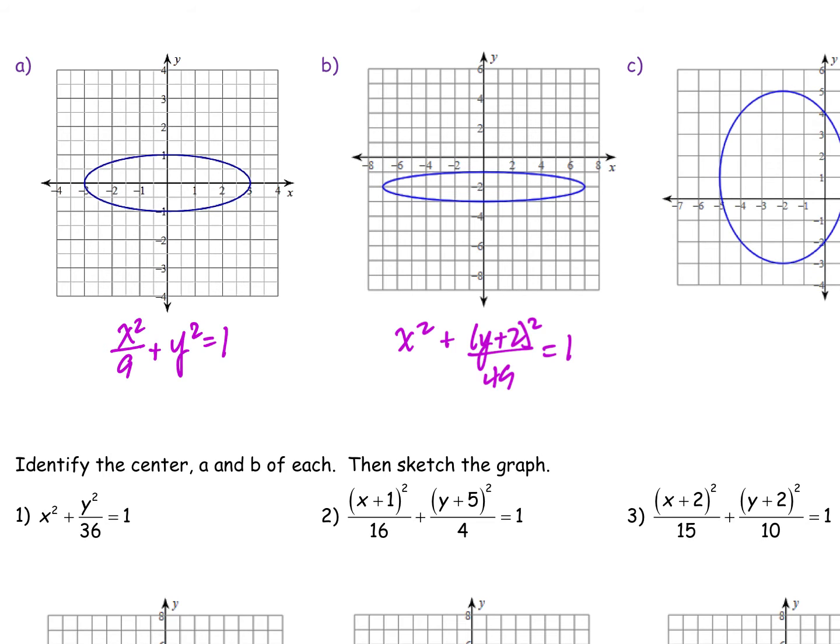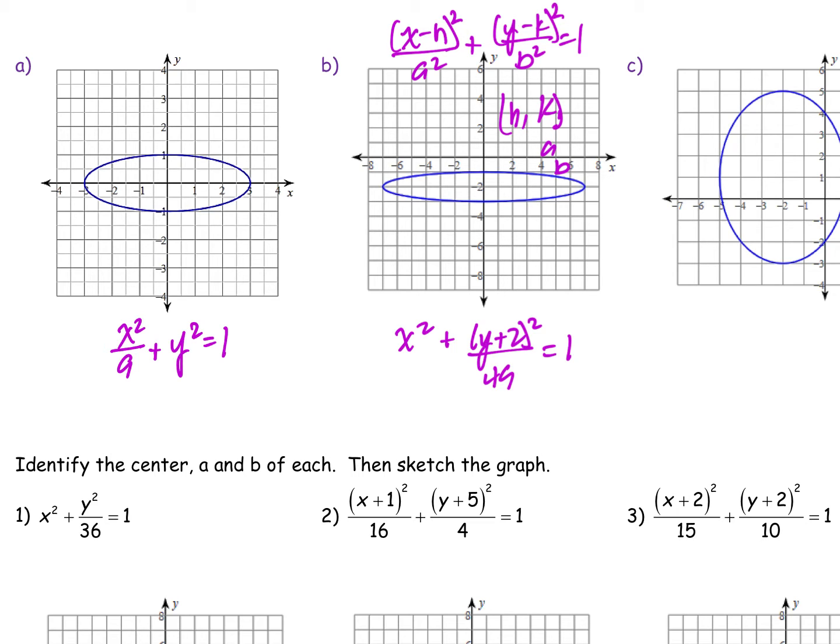So what's my equation? (x minus h) squared over a squared plus (y minus k) squared over b squared equals 1. I substitute in, right? (h, k) is my center, and then a and b. And you're just substituting it in.